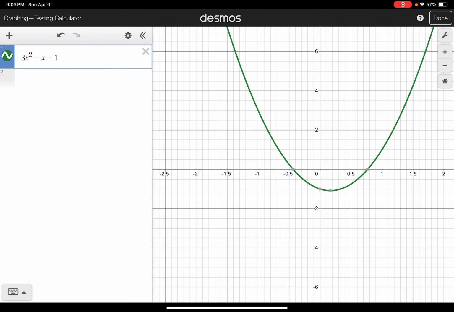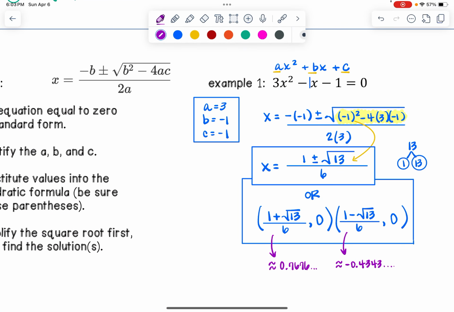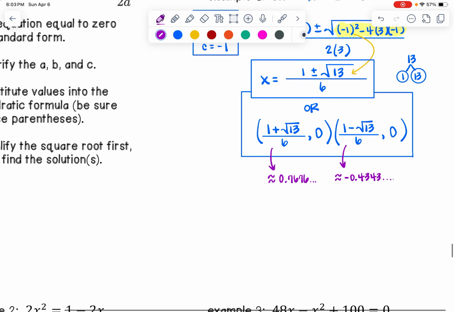And look what happens when I click on my zeros. Looky there. Negative 0.434 and positive 0.768, which are the rounded decimals to 3 places of what we just got. Okay, so you can check your answers, but it just takes a lot of effort because you have to type in your calculator to figure out what the approximate decimals are and so on and so forth. Okay.